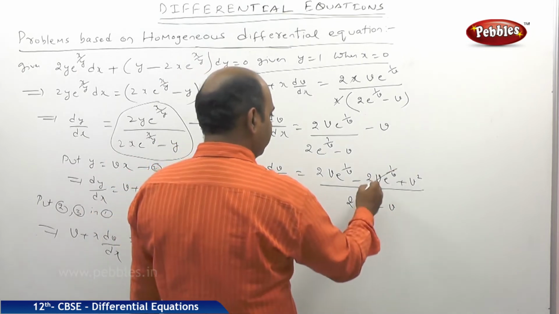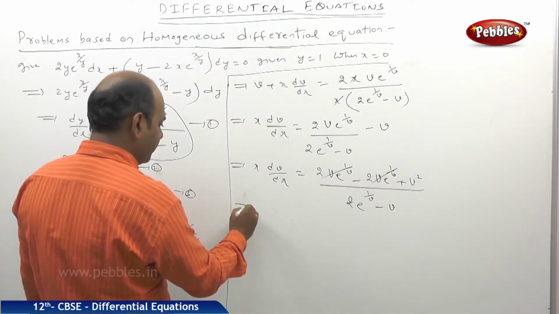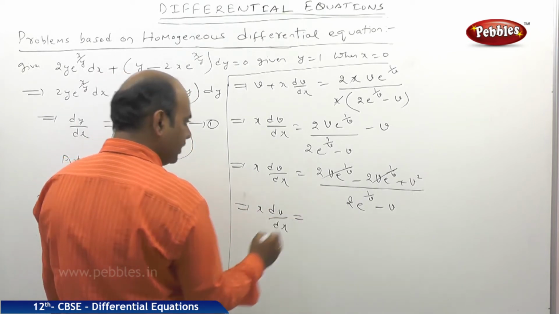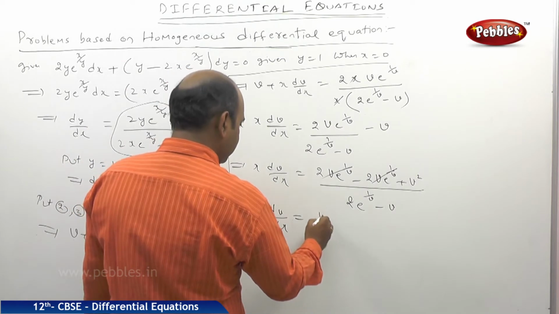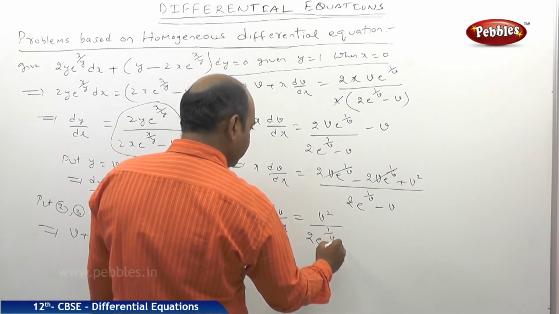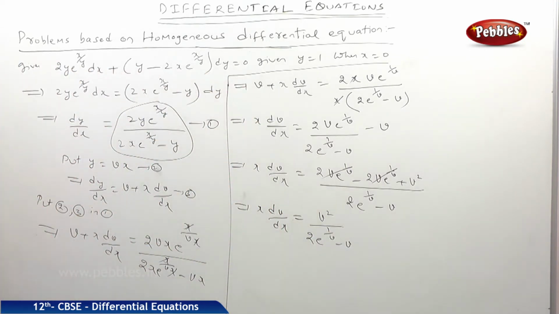I think both will be getting cancelled. So finally what happens, x into dv by dx is equal to v square upon 2 e power 1 by v minus v. I think now we can go by the variable separable method.